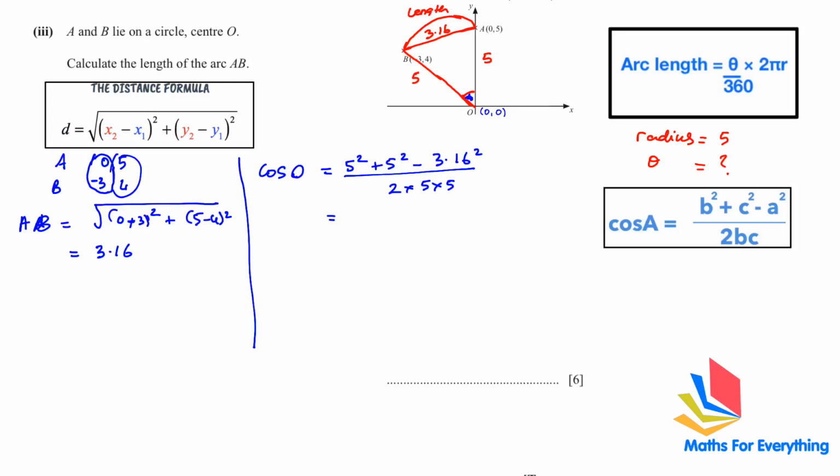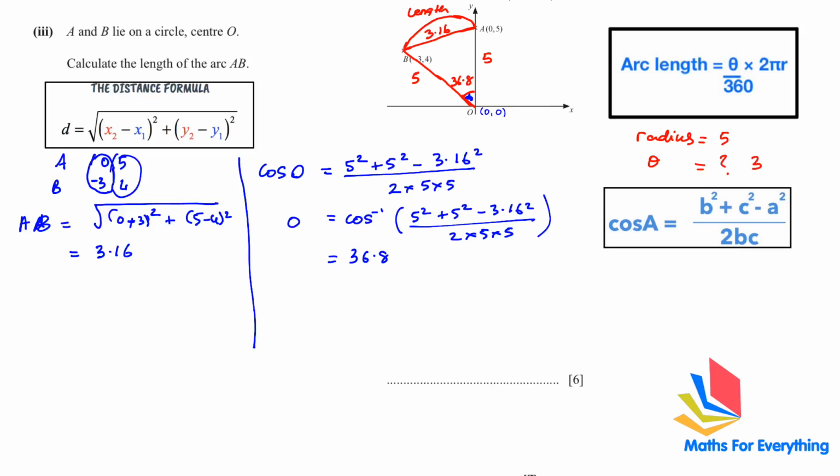We write cos inverse and put everything in the calculator in one go. This will give us 36.8. So this angle here is 36.8.